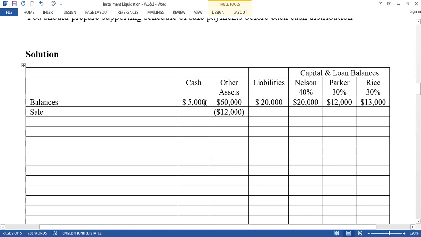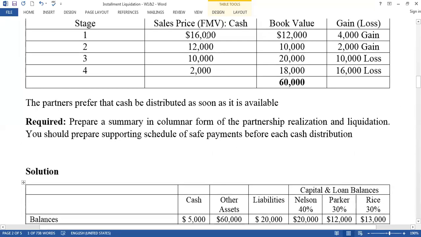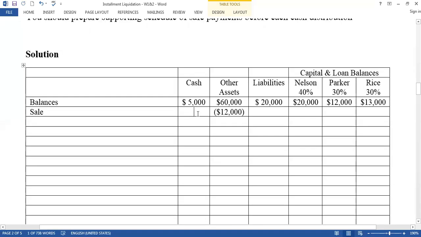We don't have enough cash to pay the liability. Liability is $20,000, but our cash is $5,000, so we must sell some asset first. We sell $12,000 of asset and receive cash $16,000. So, sell non-cash assets, and according to this question, we have a gain.